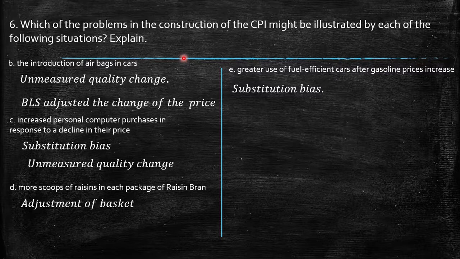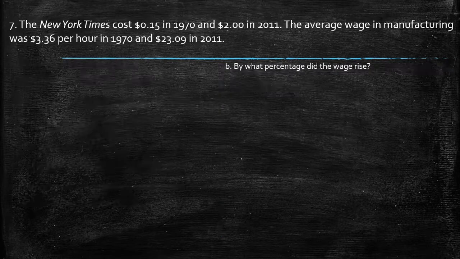In that case, for example, electric energy or something different with less quantity of gasoline. So there is a substitution bias that is not taken into account in the CPI.